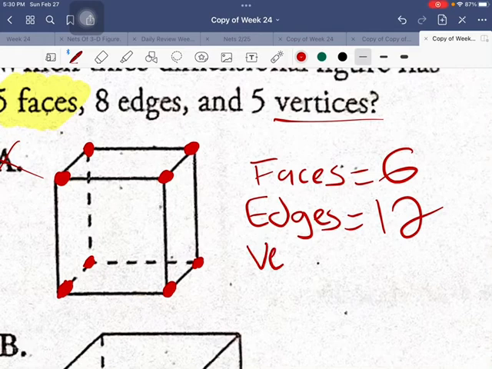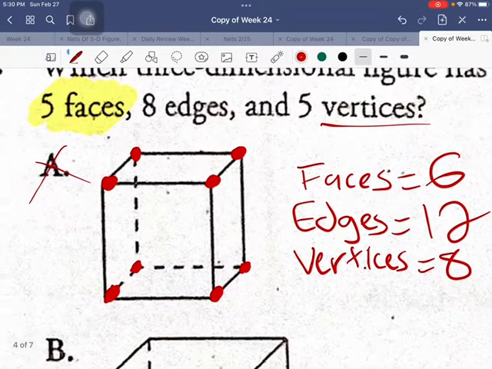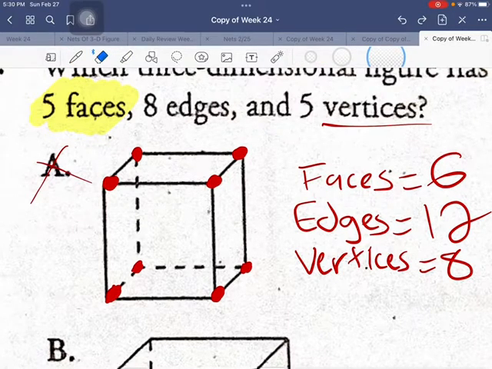Entonces, vertices son 8. This is wrong in so many ways. It's not 5 faces, it's 6. Not 12 edges, it's 8. And not 5 vertices, it's 8 as well.